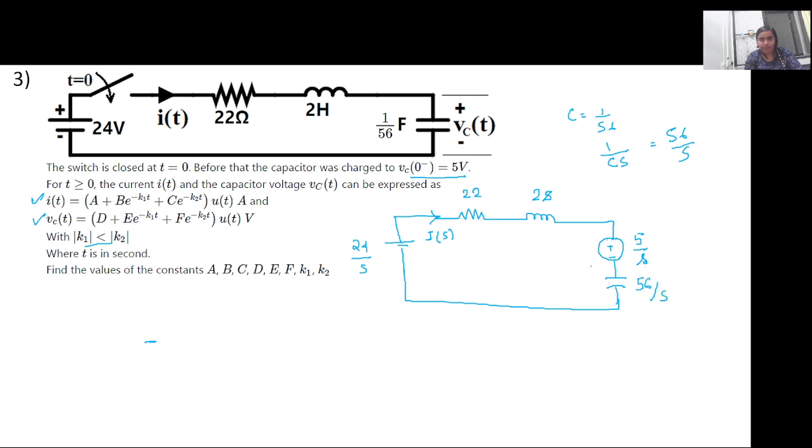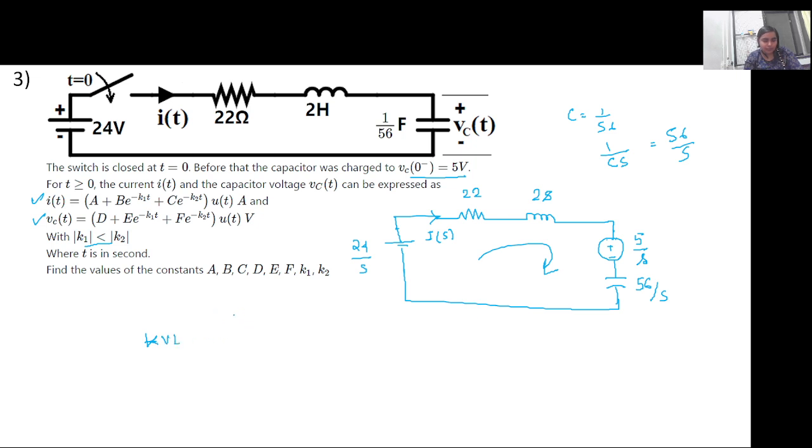So now this current I of S is flowing through this circuit, so you can either apply KVL or just find the voltage difference between this point and this point and calculate I of S. It is up to you. So let's apply KVL.